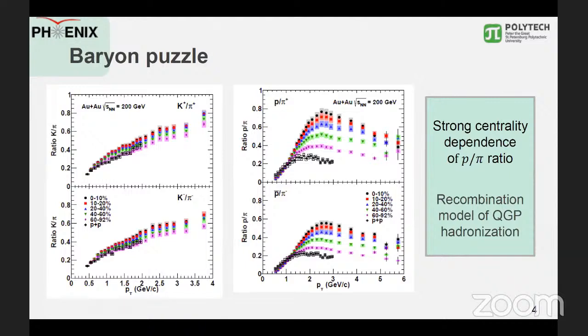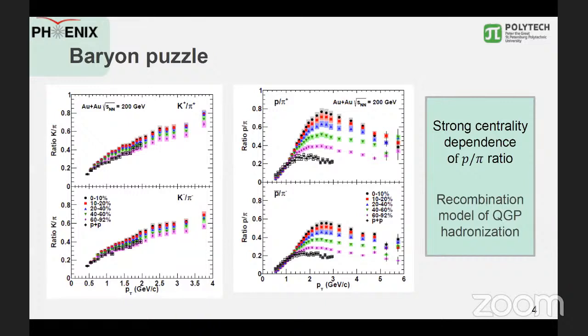According to the recombination model, hadrons are formed from quarks in QGP which are close to each other in phase space, so they have close values of momentum and coordinate. The main parameters of recombination models are the temperature of QGP, quark chemical potential, and parameters responsible for the condition of closeness of quarks in phase space.